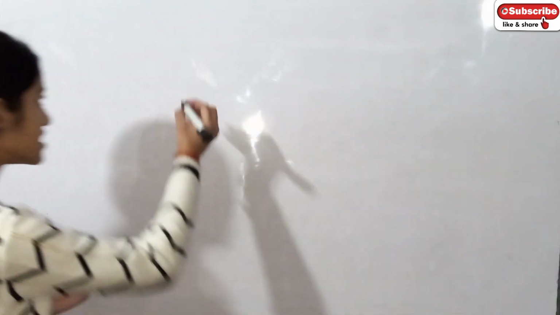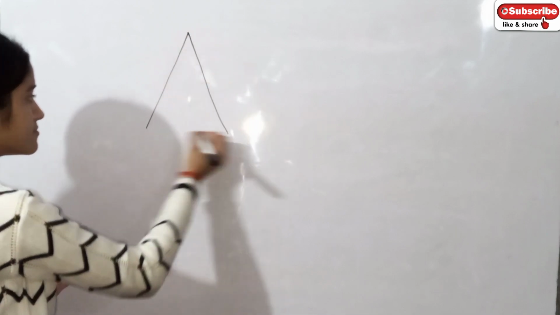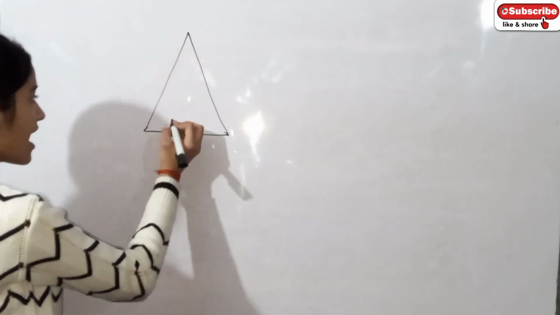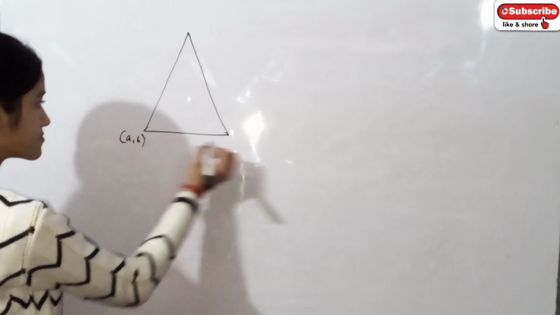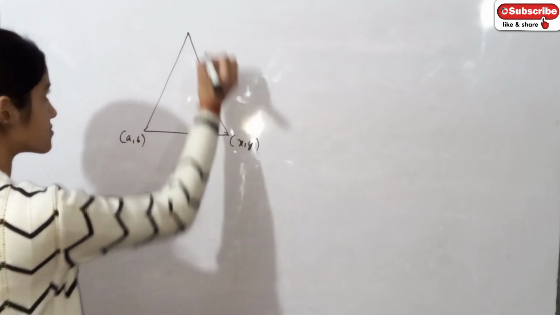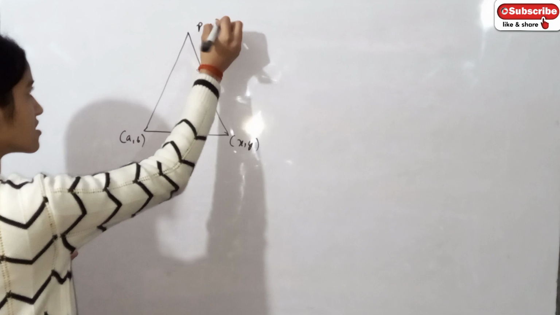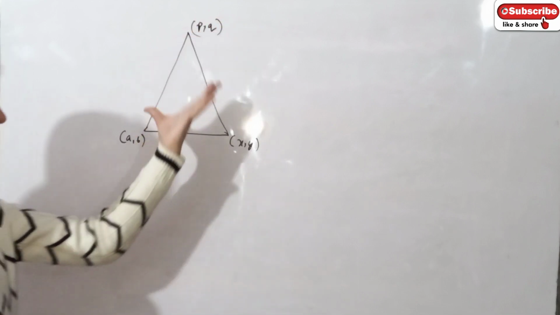Earlier we have seen that the triangle is given and its coordinates are given.